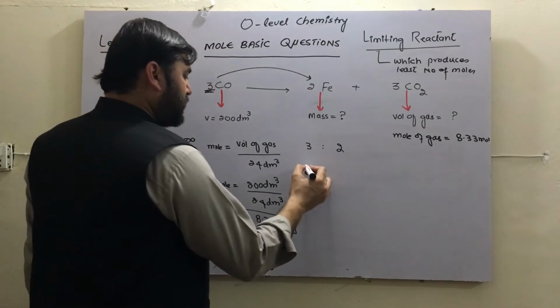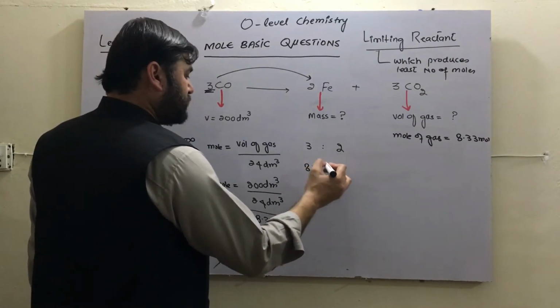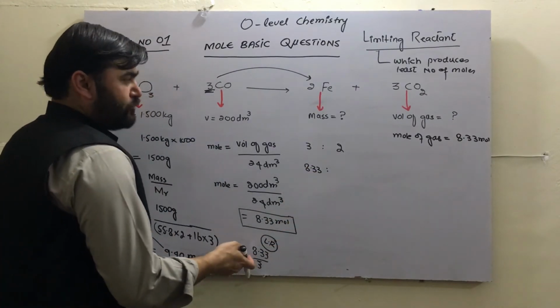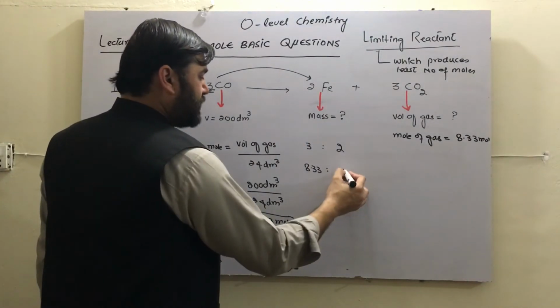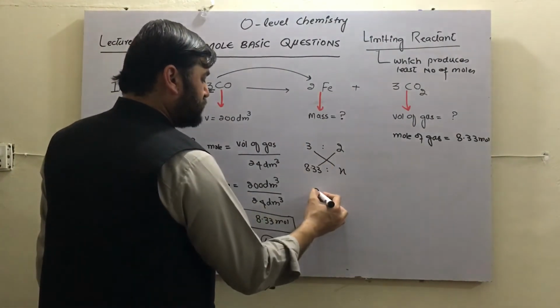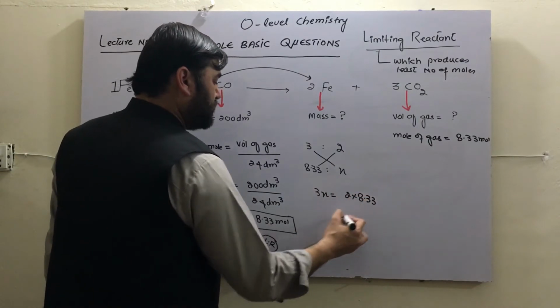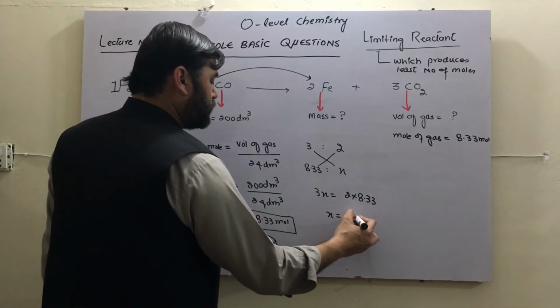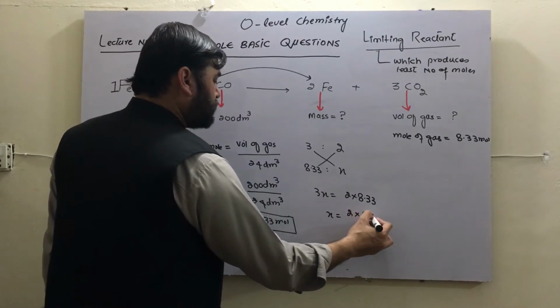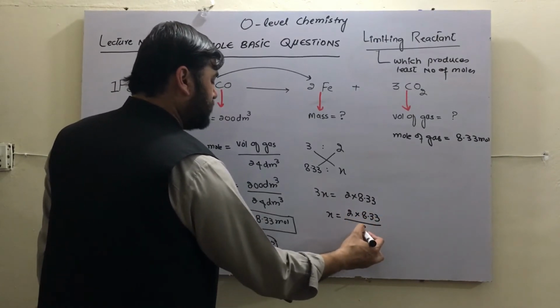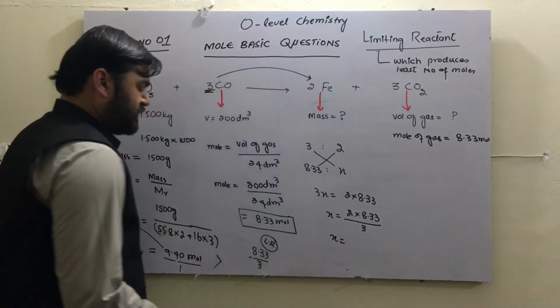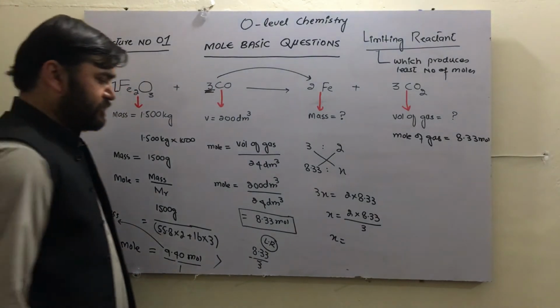It will produce 8.33. And if somebody asks you what will be the mole of iron, just let it be x, multiply it with this. So 3x will be 2 multiplied by 8.33. X is equal to 2 multiplied by 8.33 divided by 3. So the answer is roundabout 5.56.